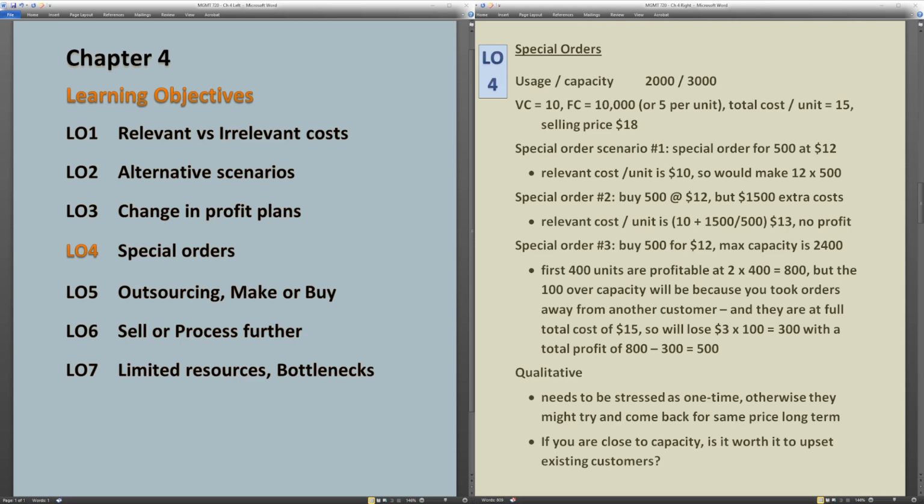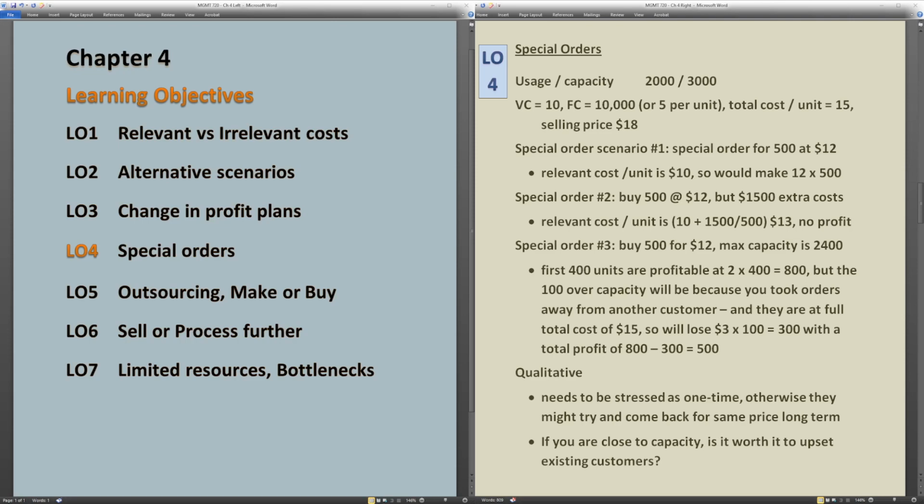Just that they're paying us 12, our variable costs are 10, therefore it'd be a profit of $2 times the first 400, so $800. But the 100 that go over capacity, well, we can't just willy-nilly go over capacity. We have to either open a new facility, which is more expensive, but most likely what we do is we choose not to honor some other customer's order.